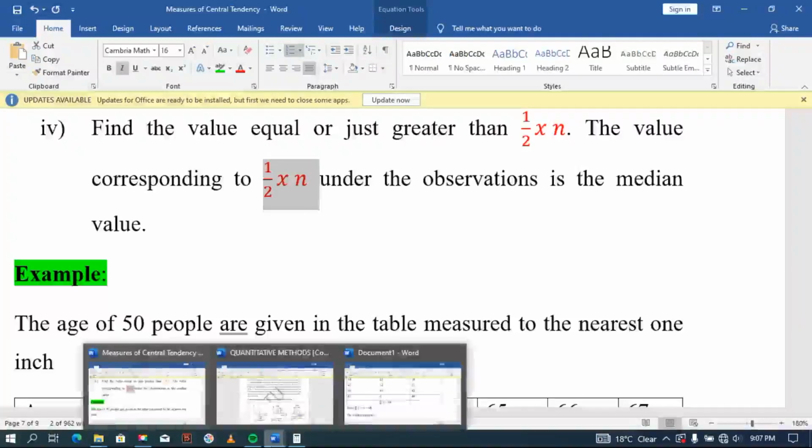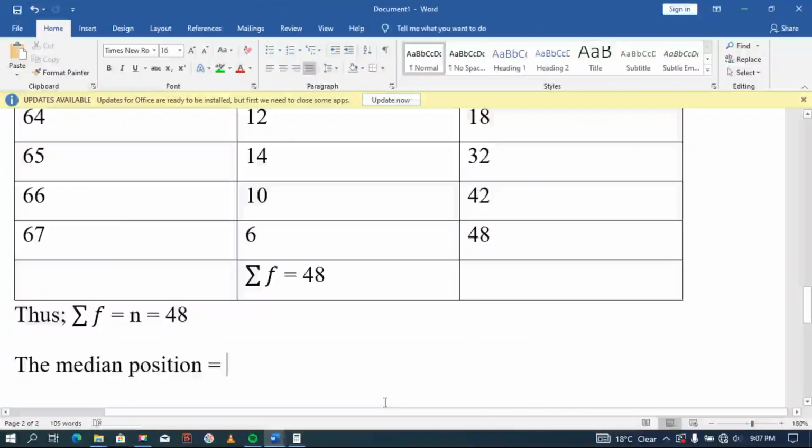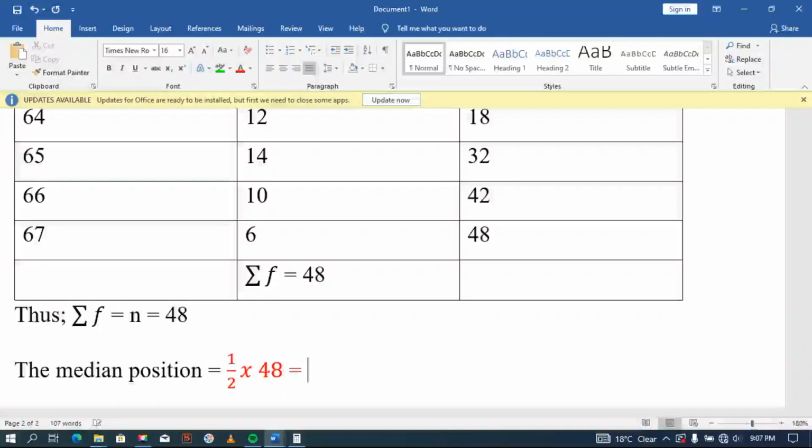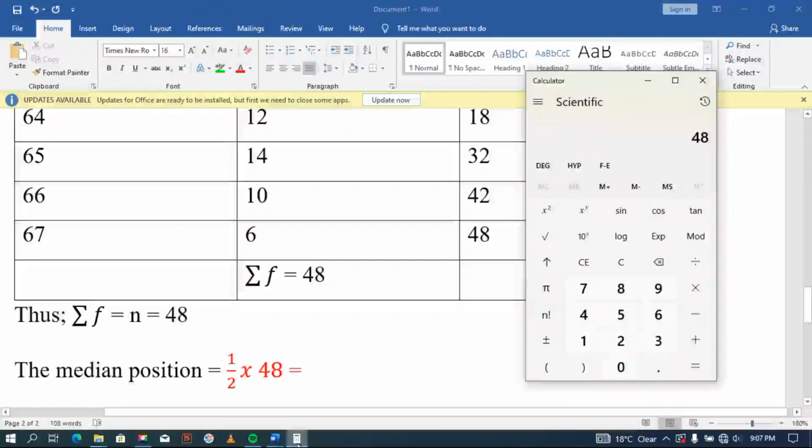Our n is 48. So a half of 48 is equivalent to 1 divided by 2 times 48, and we get 24. So our median position is 24.